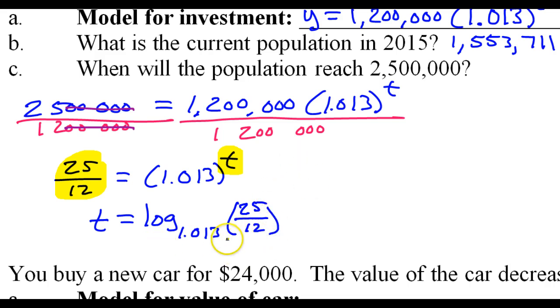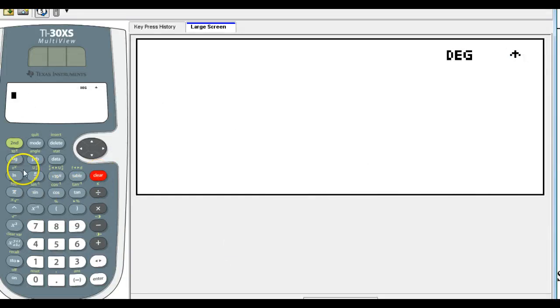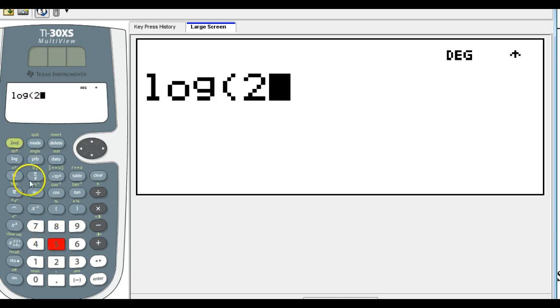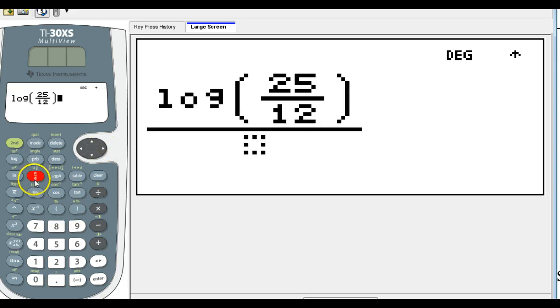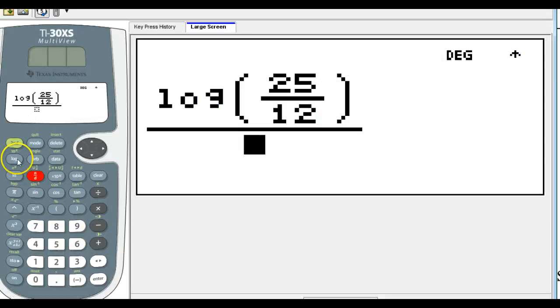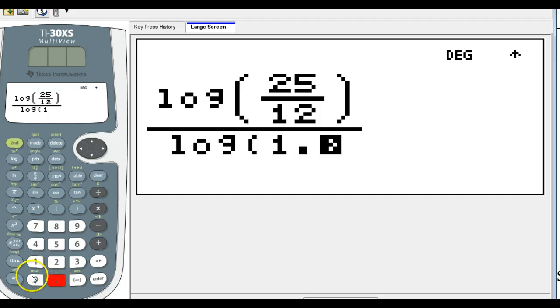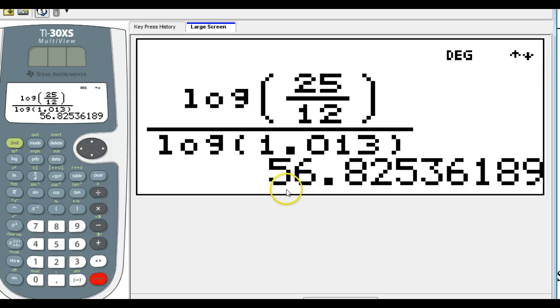In my calculator I have to do log of 25 over 12, divided by log of 1.013. So that is 56.83 years.